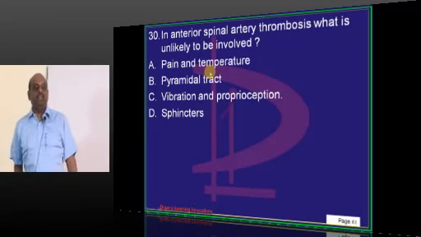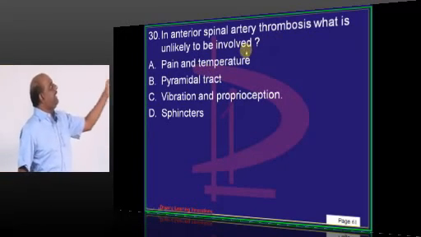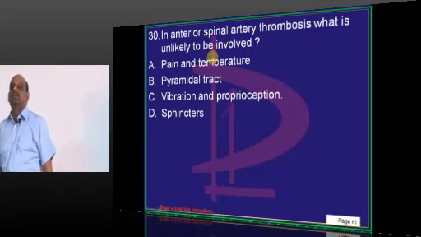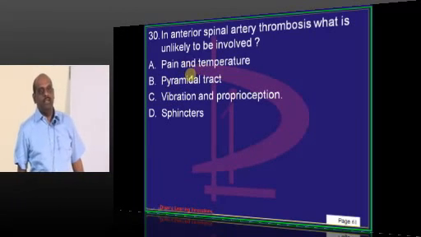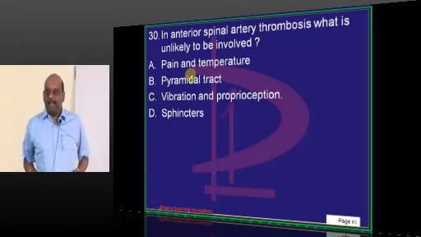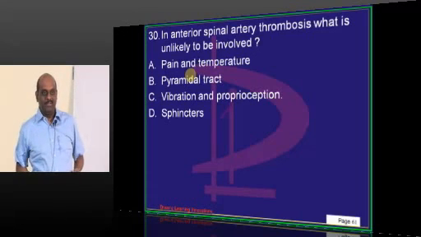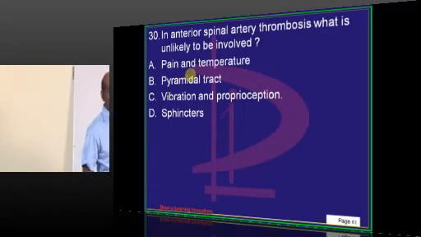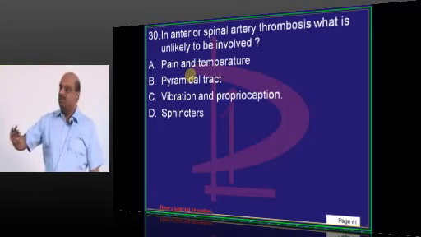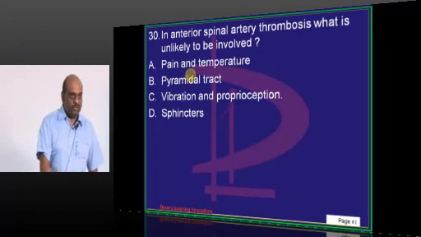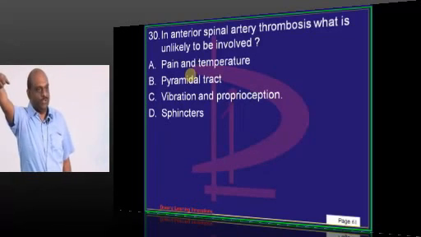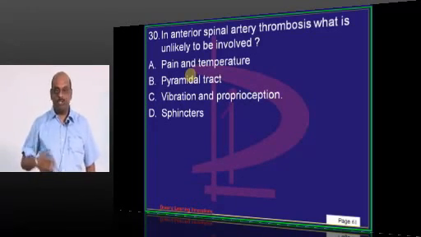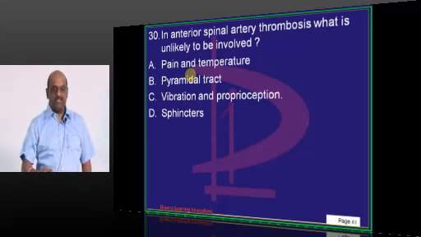Last question for today's evening. In anterior spinal artery thrombosis, what is unlikely to be involved? You must know the spinal cord is like a box, doctor. If you open the box, there is a base of the box where you put clothes, and some structures in the lid which you open. In the spinal cord also you have some structures posterior, some structures anterior.